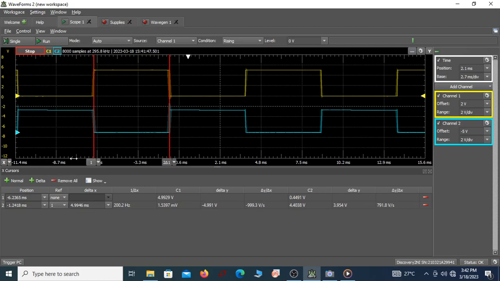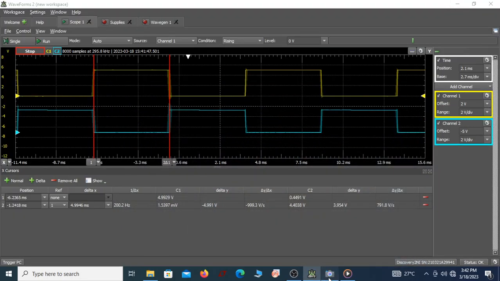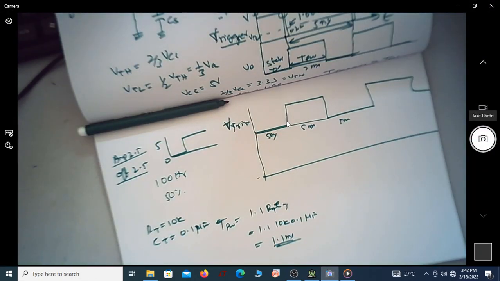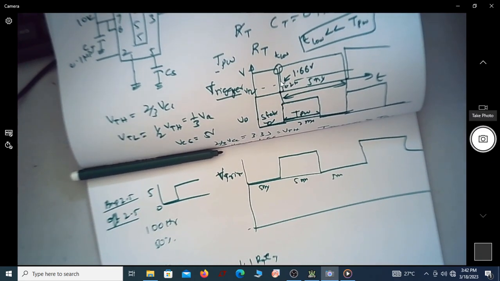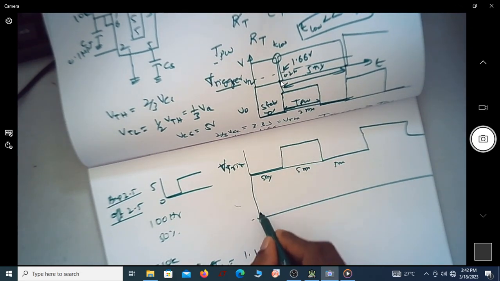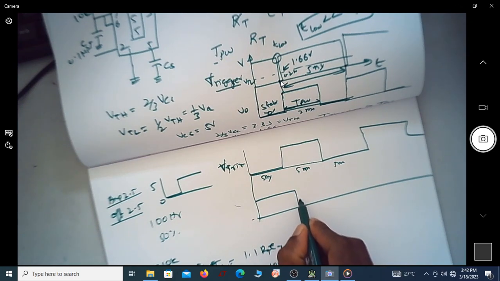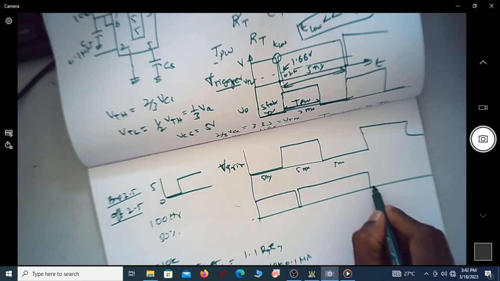I'm expecting close to 1.1 millisecond as the pulse width, but I'm getting 5 millisecond. It is purely because I have not adjusted the trigger signal to be something like this. This is the expected waveform. So I will apply a waveform which is low for a very small duration and then repeats.